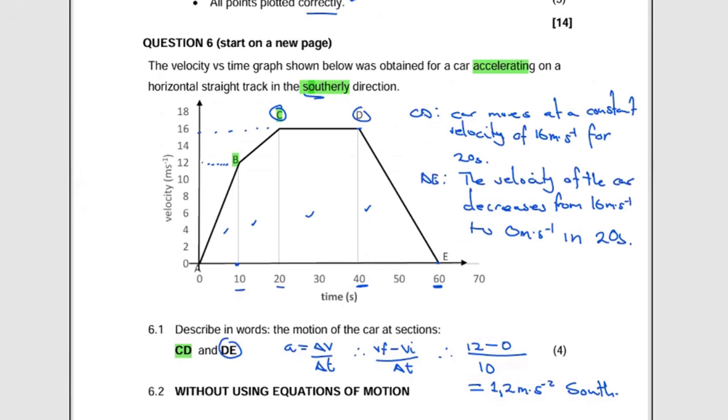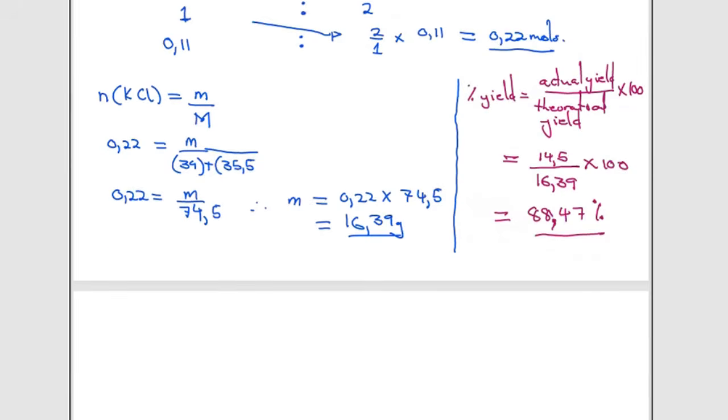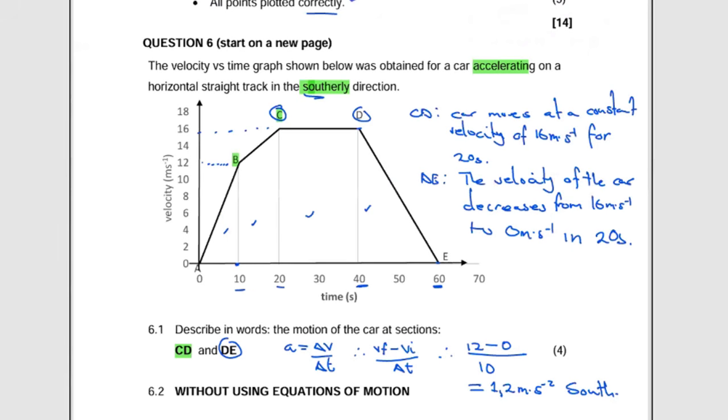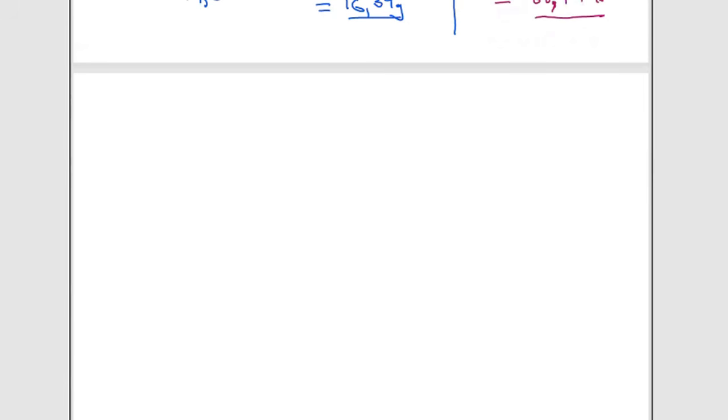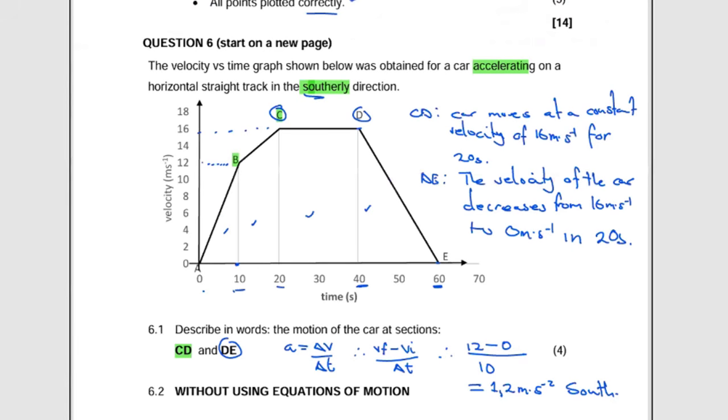So to make it easy, let me just use this other space here. I'm going to start from 0 to 10 seconds, like that. Then the next one is from B to C, which is 10 to 20.